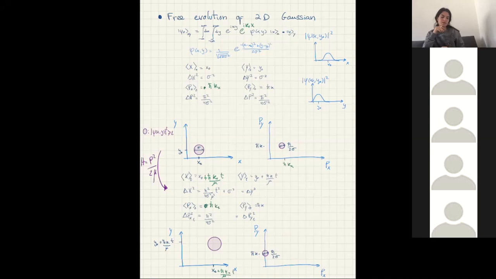Okay, so this is now a Gaussian wave function that's moving with some momentum in the x direction and some momentum in the y direction. And the reason why we're looking at this is because it will be useful for what comes.